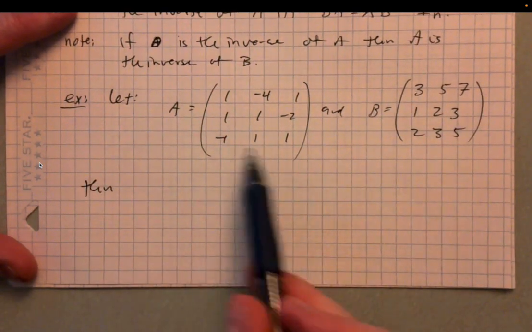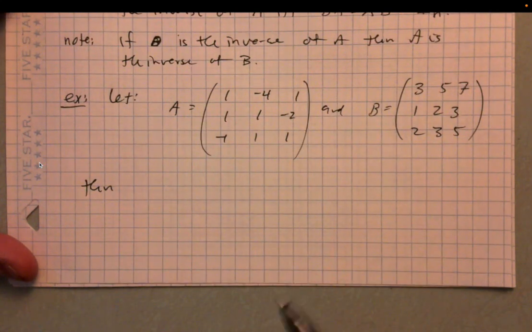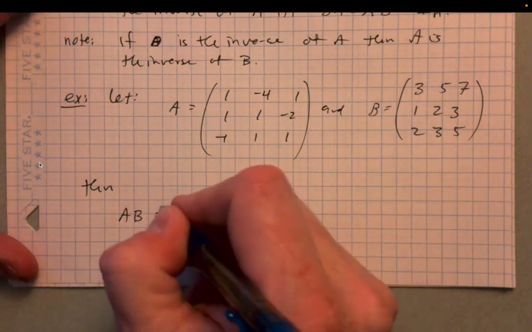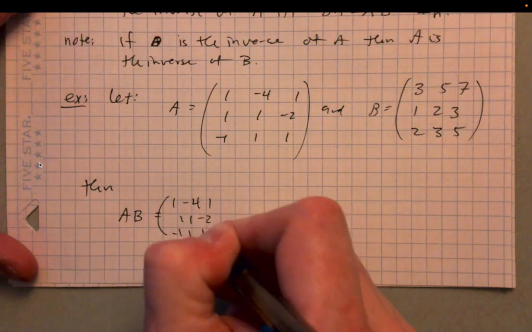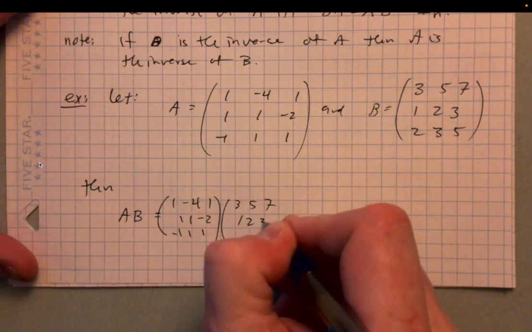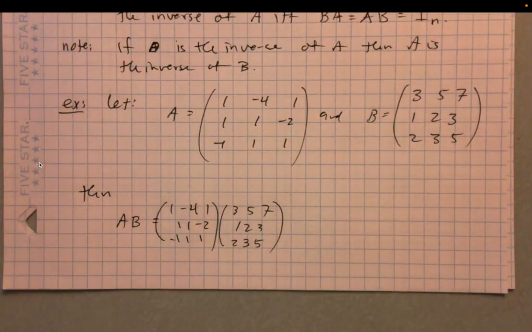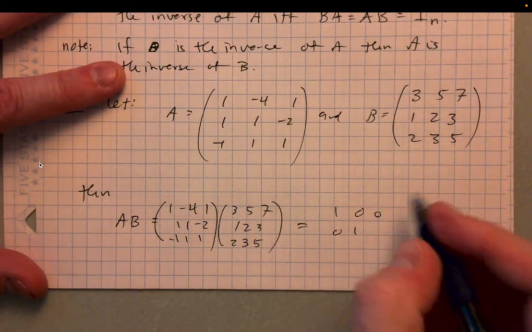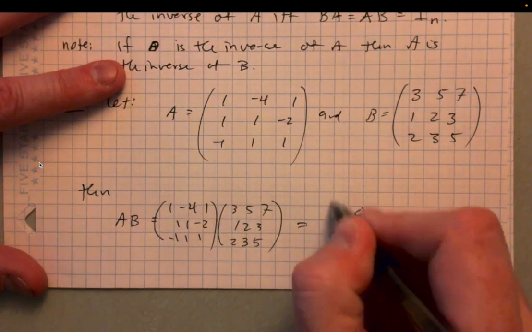Then A and B are inverses of one another. B is the inverse of A, and A is the inverse of B. You can confirm this multiplication, please do. If you take these two matrices and multiply them together, you do indeed get the 3 by 3 identity matrix.